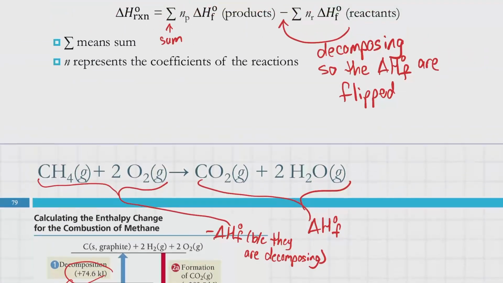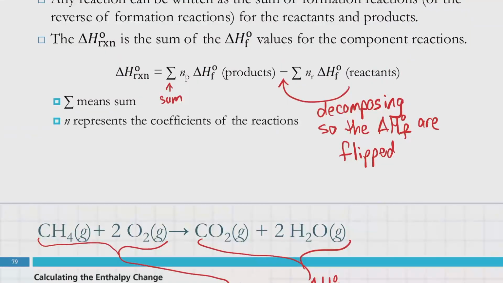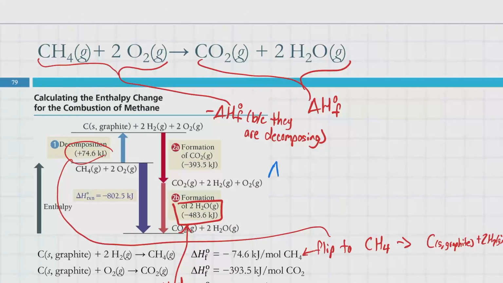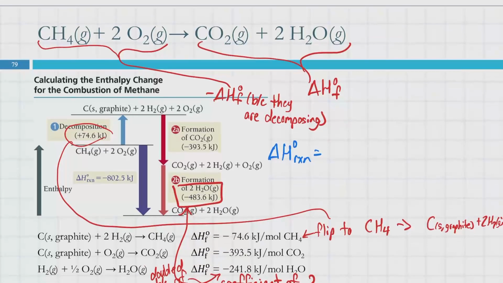If we were using this really mathy equation that we had earlier, the way that this would look is our delta H standard of the reaction is the sum of our products. Our CO2 has a coefficient of 1, and its delta H value is negative 393.5 kilojoules per mole.